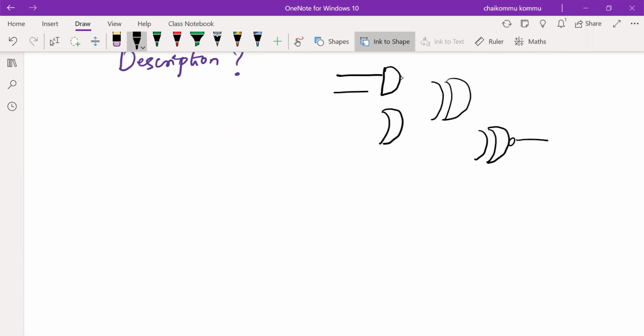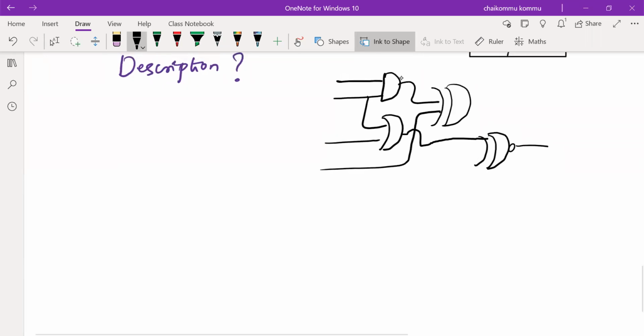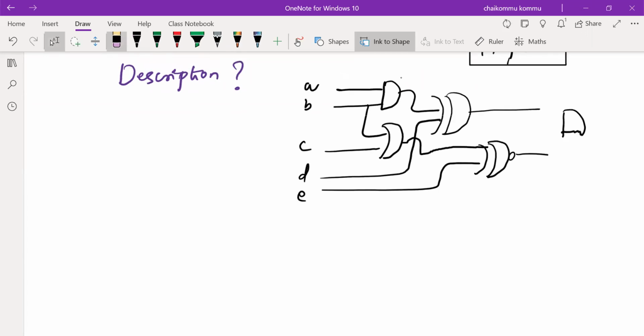So input signal here, something like this. One input is here, another input is here, and the output is connected here. Another input is coming from here to here, and the output of this one is connected to this one, and it takes another input here. For example, A, B, C, D, and E. And we are producing one output signal by using the AND gate.